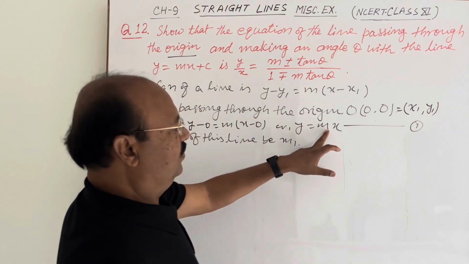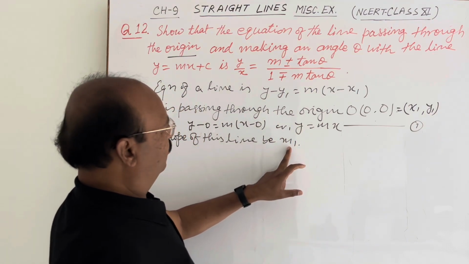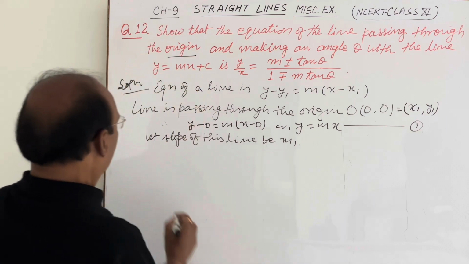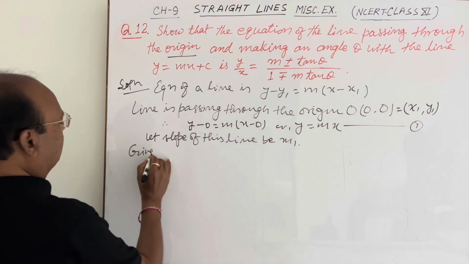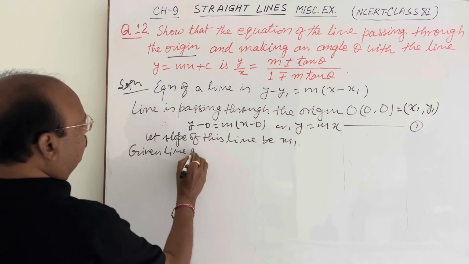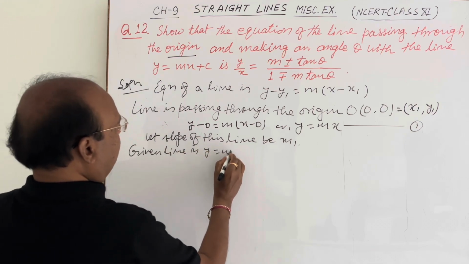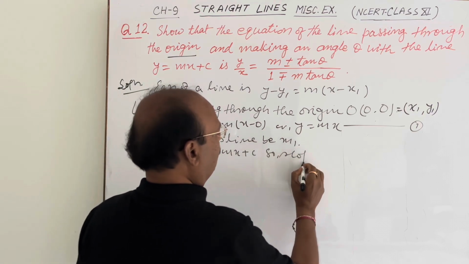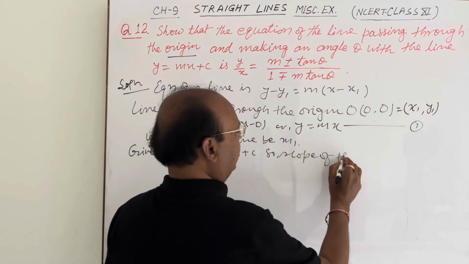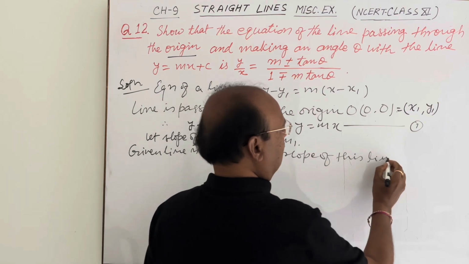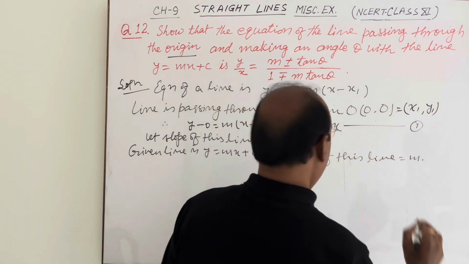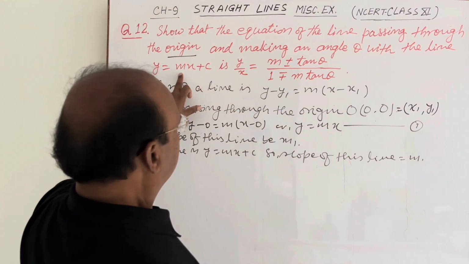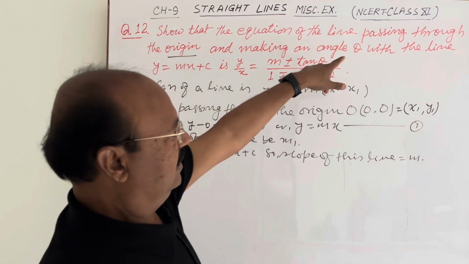So in place of m, we can put m1. The slope of the given line, y is equal to mx plus c, is equal to m.